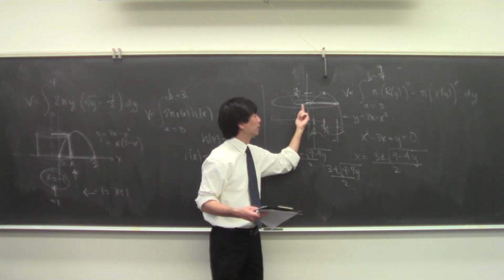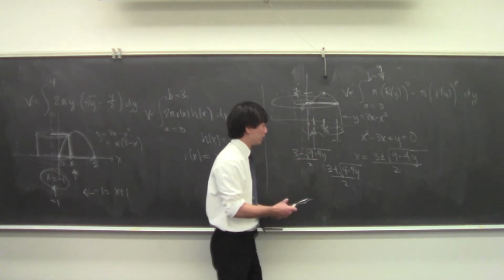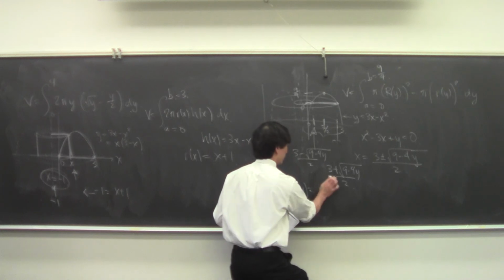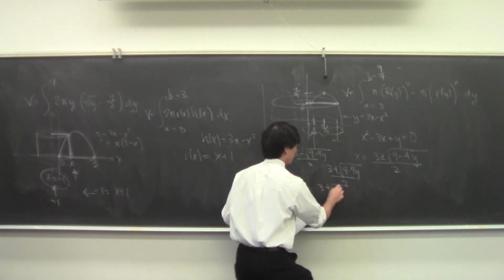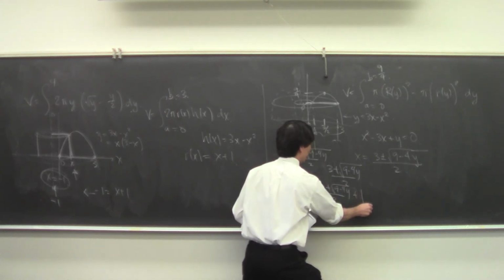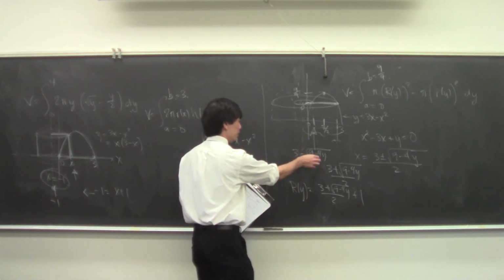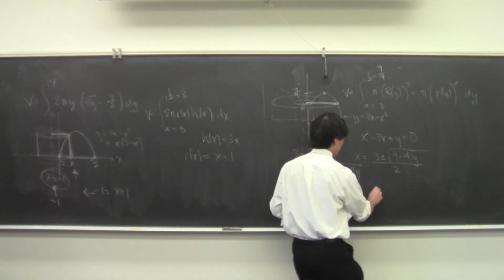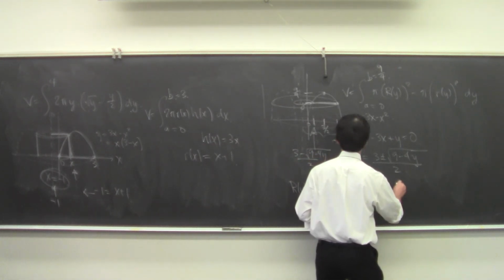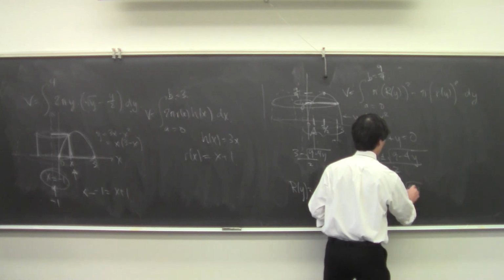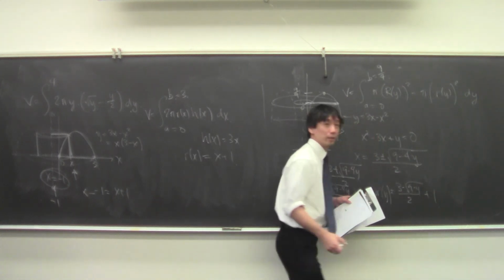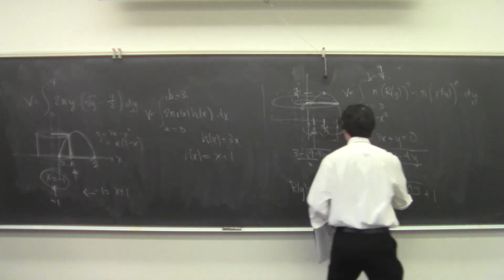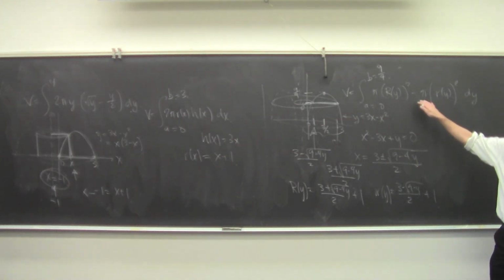So the big radius would be this thing plus 1, and the little radius would be the guy on the left plus 1. And then you would put that into here and figure it out.